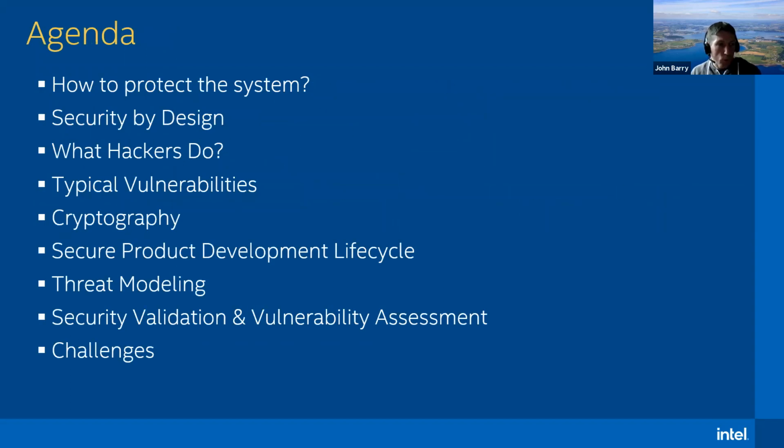We're not necessarily going to get through all of this, but in the time available we'll touch on the more important elements. The main thing is how we are going to protect the system, and what we need to think about up front to ensure that the systems we develop are secure.